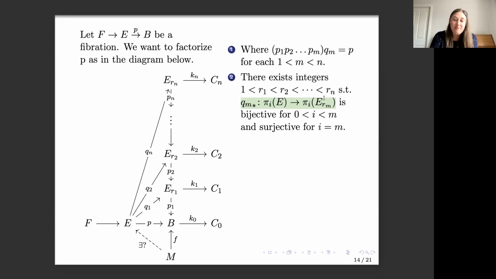So Qm, which is a map from E into E_m, if I look at the induced map Qm lower star in homotopy, I want that to be bijective through dimension m-1 and then surjective in dimension m. So Q1 needs to be a 1-equivalence, which means that it's bijective on path components, and then it should be surjective on fundamental groups and so on.